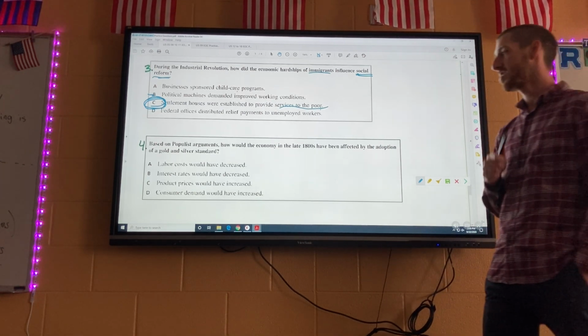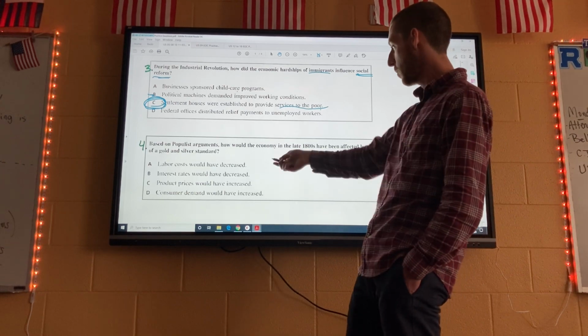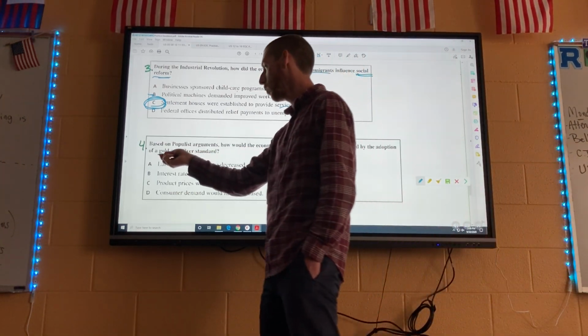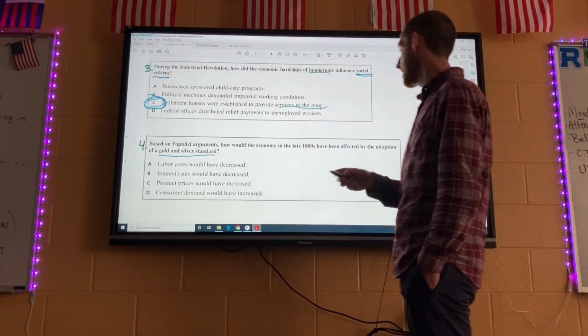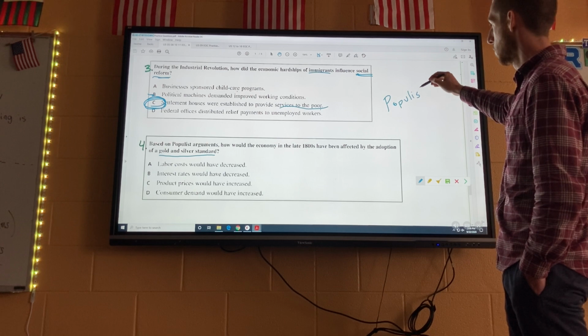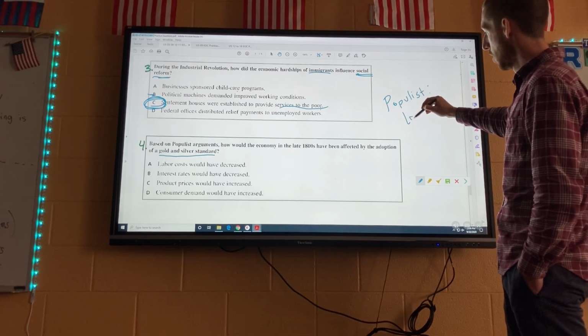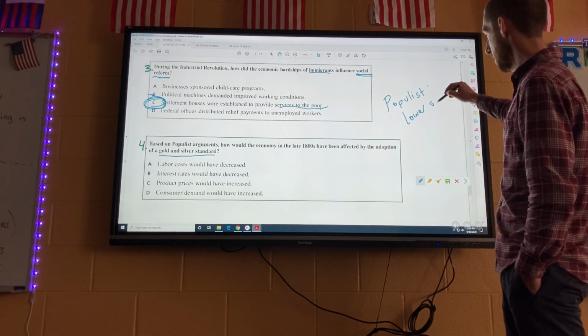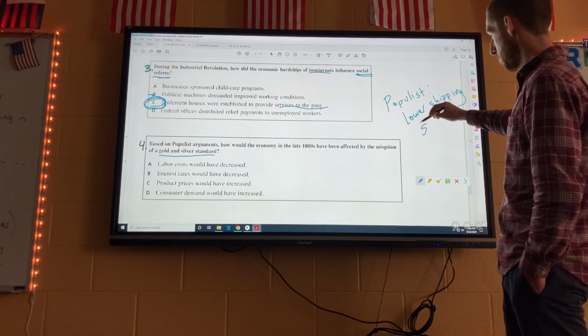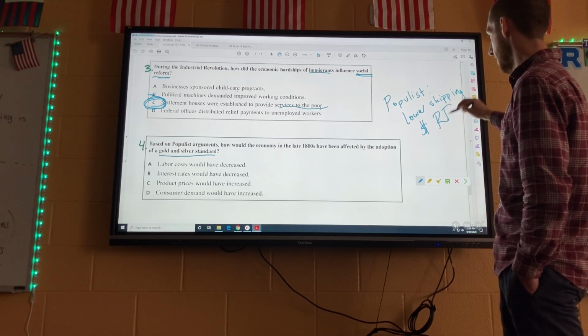Based on populist arguments, how would the economy in the late 1800s have been affected by the adoption of a gold and silver standard? Now, populists, these are people who want lower shipping charges, lower shipping from the railroad.